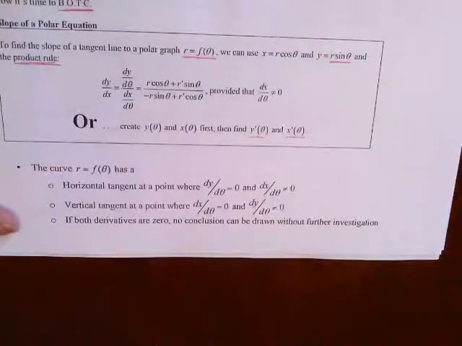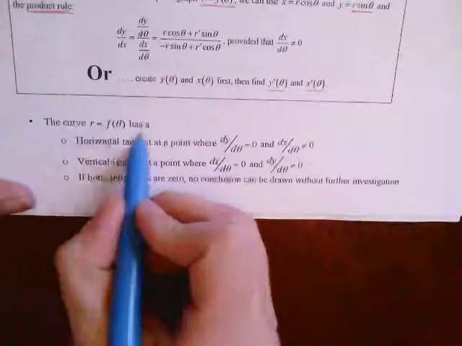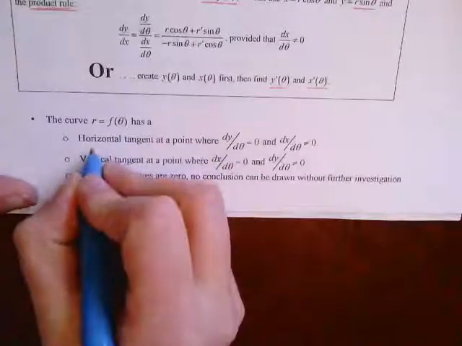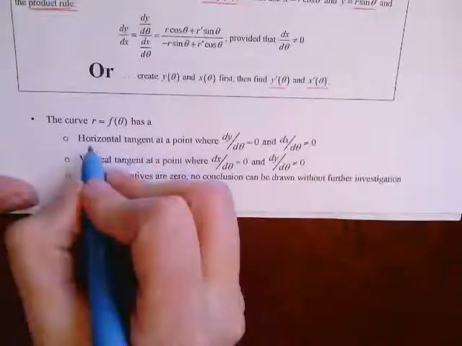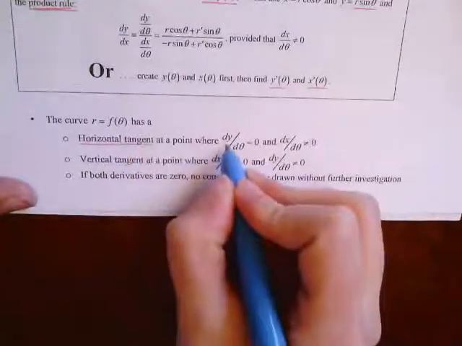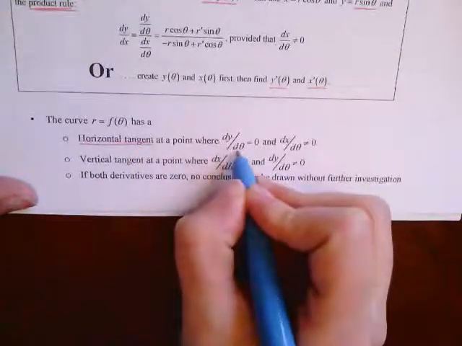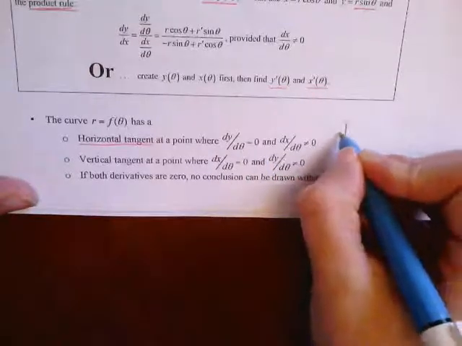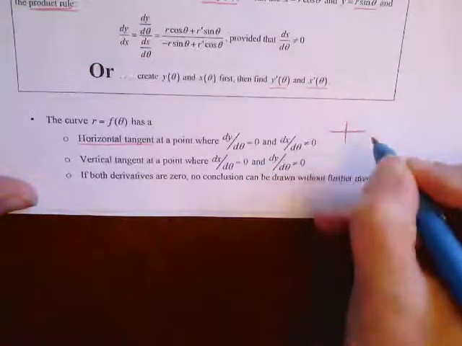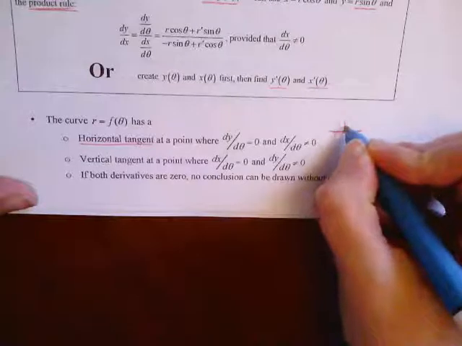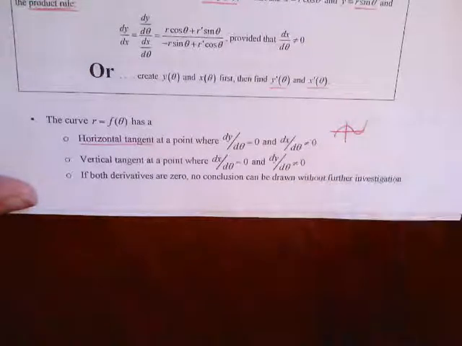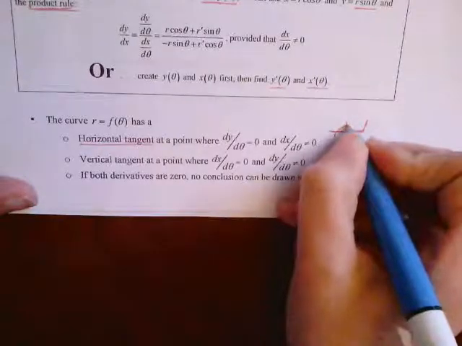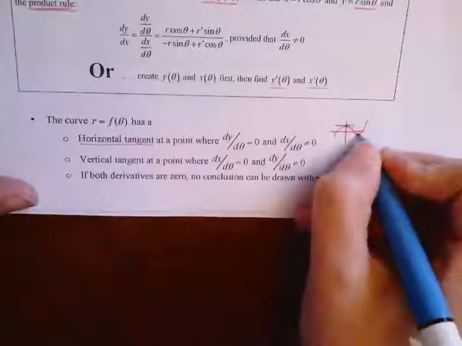So the curve r equals theta has, and this is the same for parametric, a horizontal tangent when dy/d theta is 0, which makes sense. So basically if you have a curve like this, your horizontal tangents are going to be right there and right there.